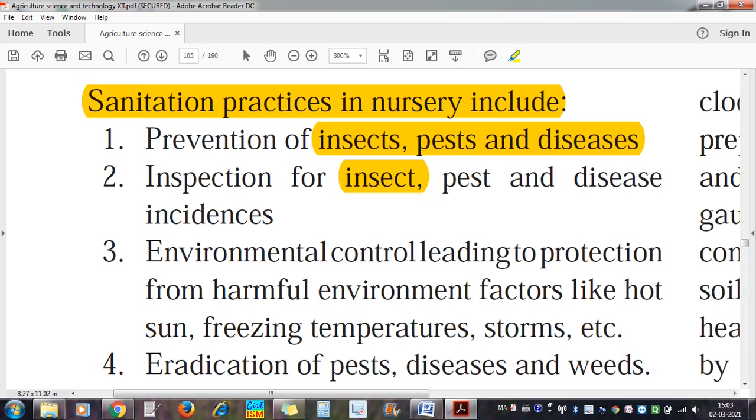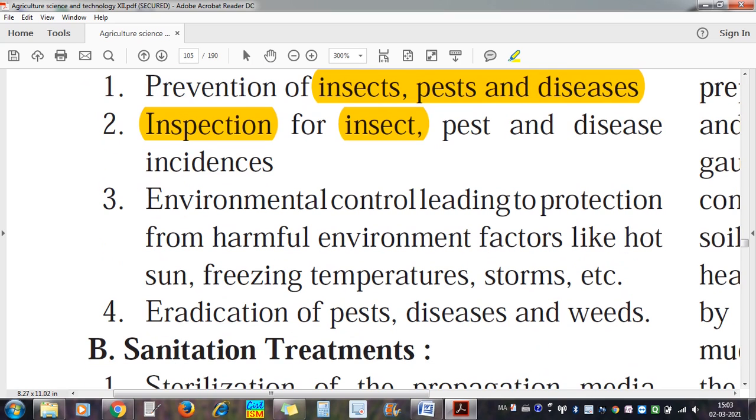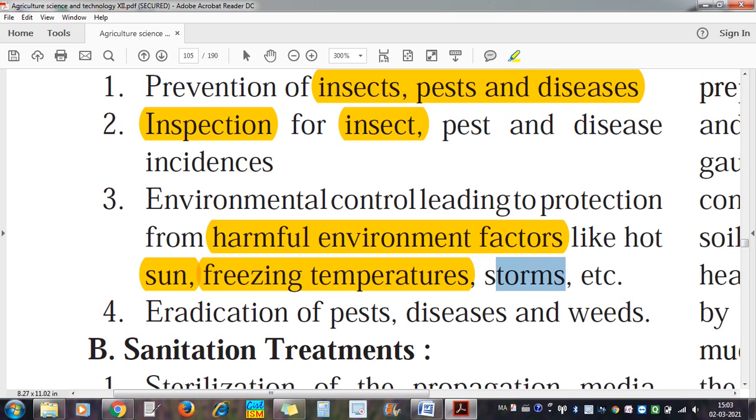Then we have to control harmful environmental factors like hot sun, freezing temperature, storms or heavy winds. It means we have to protect the plants from different natural calamities, or climatic factors as we may call them. Then the most important, eradication of pests, diseases and weeds. Whatever pests or diseases we find are to be eradicated by spraying of insecticides as per the recommendation.